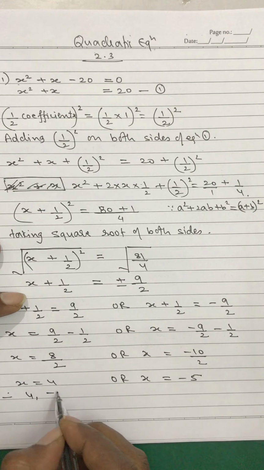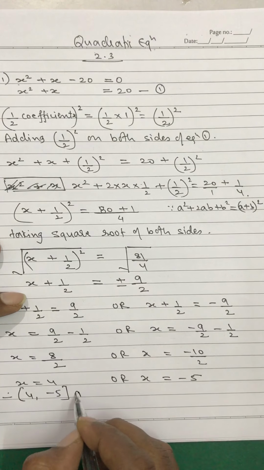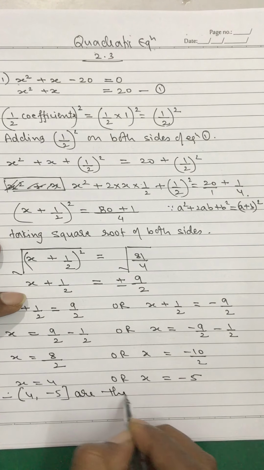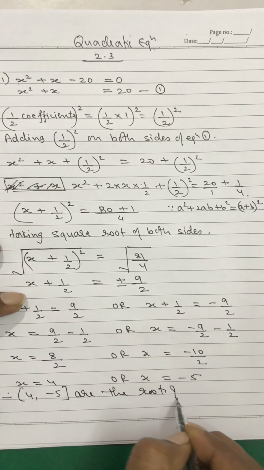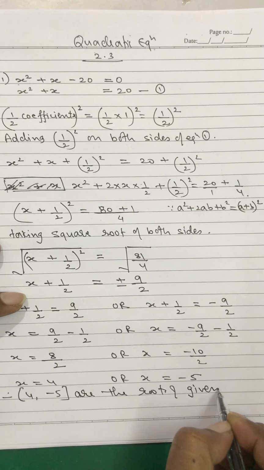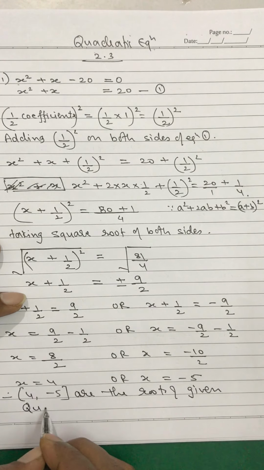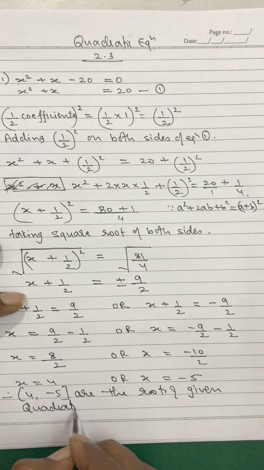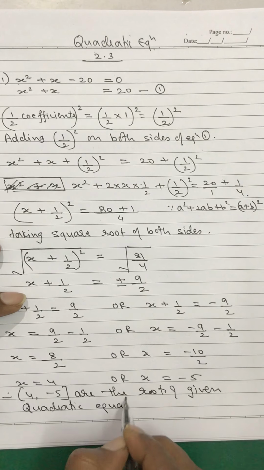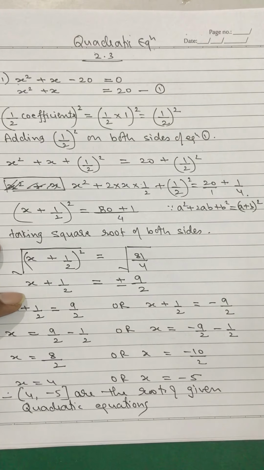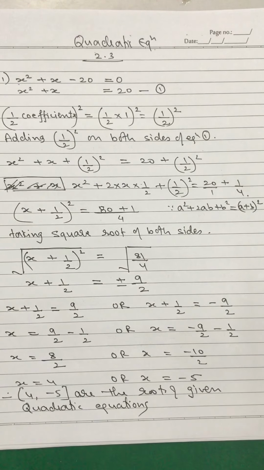Therefore 4, minus 5 are the roots of the given equation. Okay, so in this way it is there.